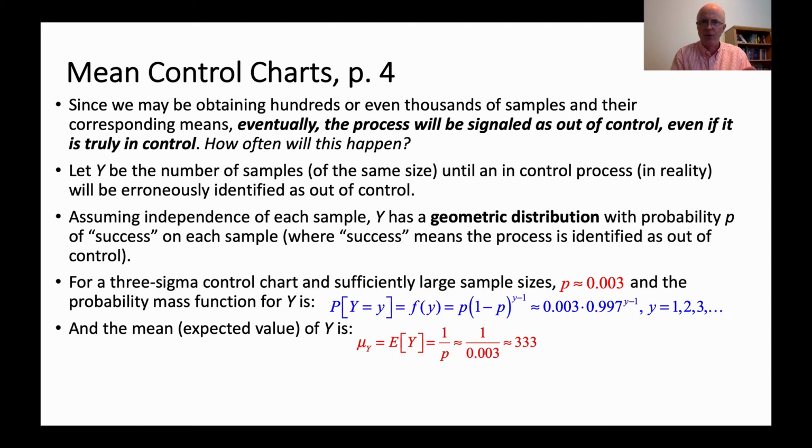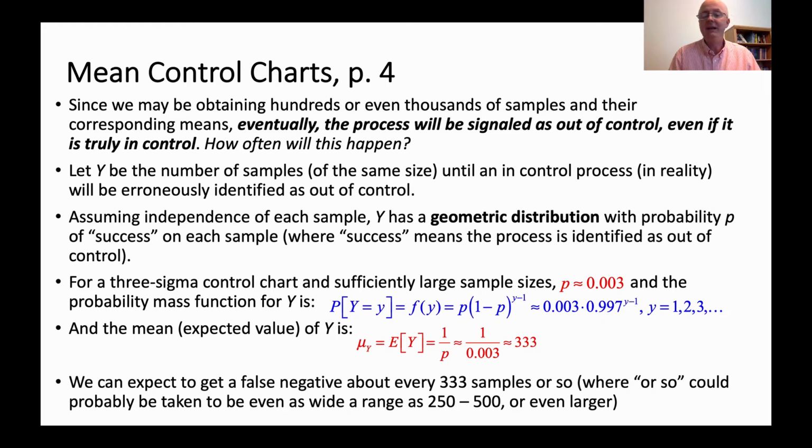If that's your true batting average, 0.2, you would expect 1 over 0.2, which is 5 official at-bats before you typically get your first hit. Does that always happen? No, you could get 2 hits in a row. But 5 is on average how many trials you have until you get your first success.